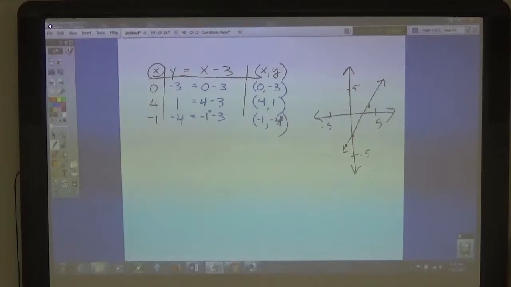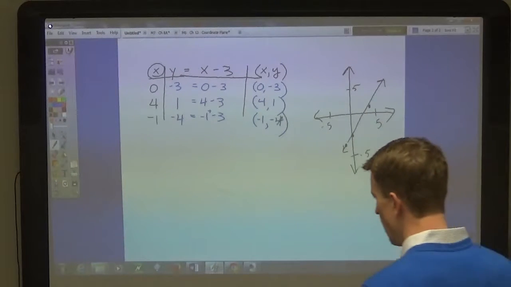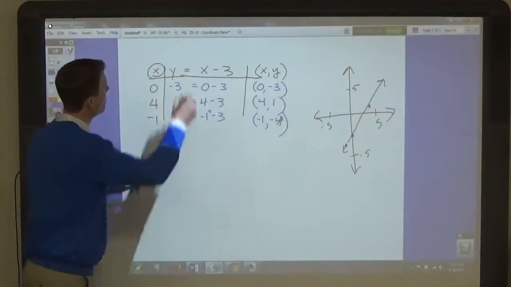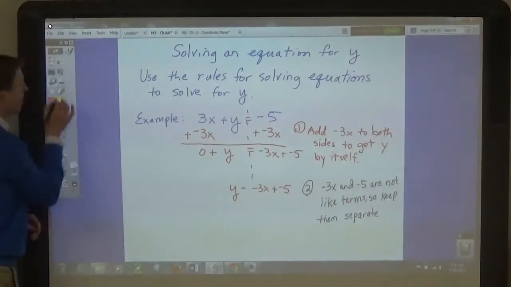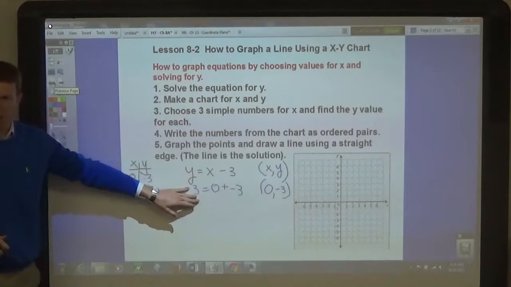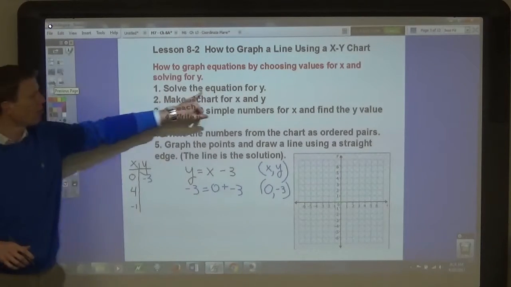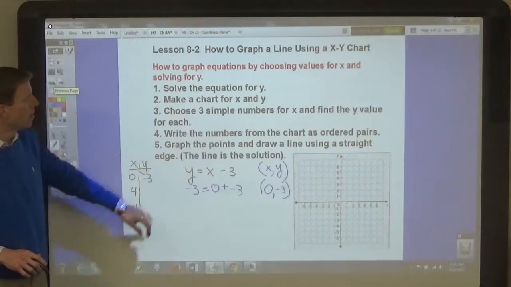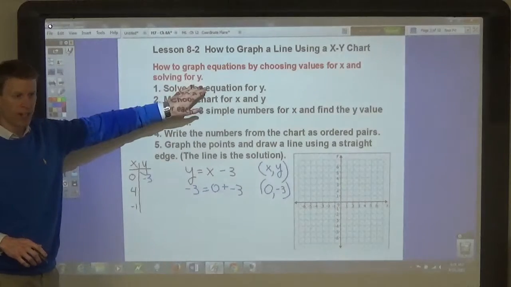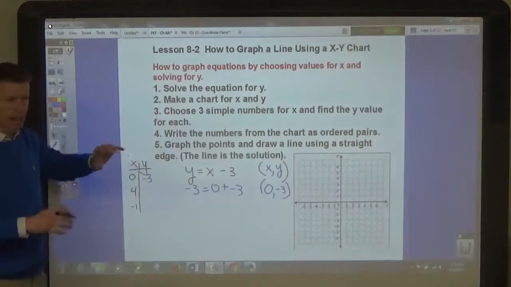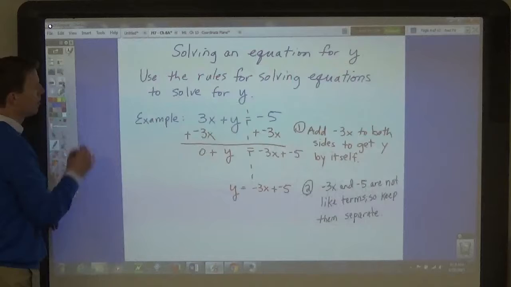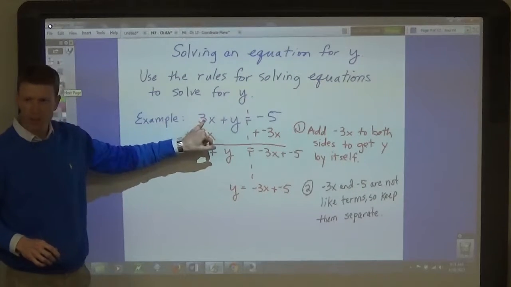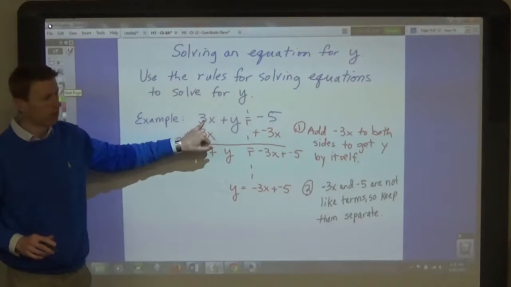So, the second part of lesson 8.2 is, given an equation, the first step in the procedure that we went through yesterday is to solve the equation for y. So if you're given an equation that is not solved for y, in other words, it doesn't have y by itself on one side of the equal sign, then you have to solve it for y first.